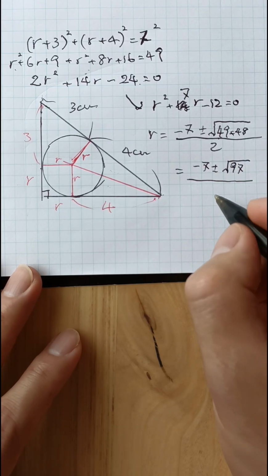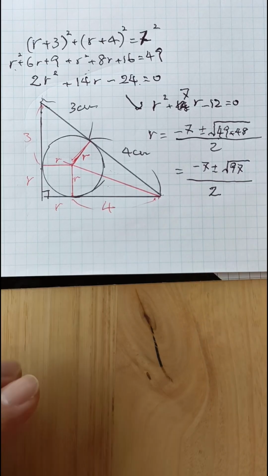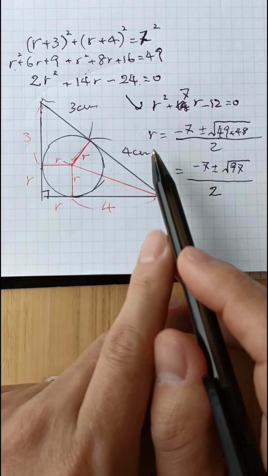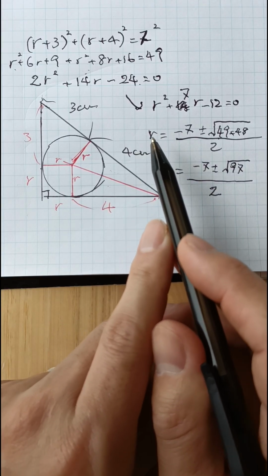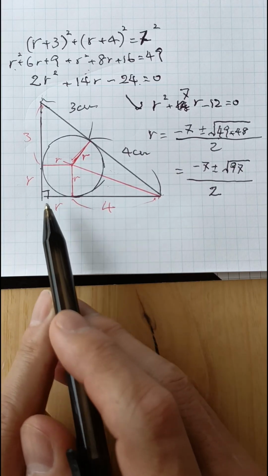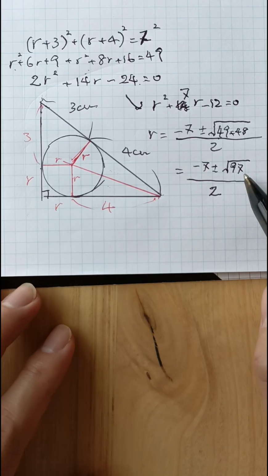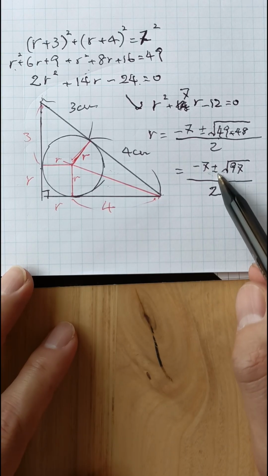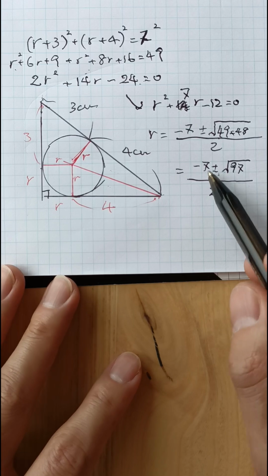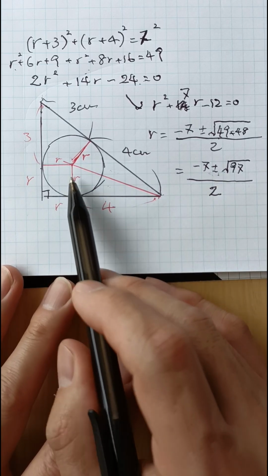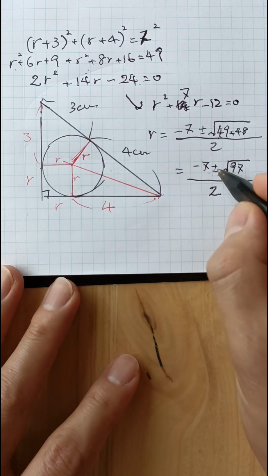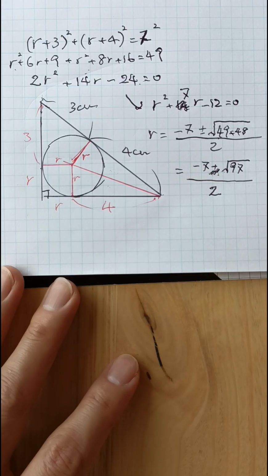But anyway, what we figured out is this length, isn't it? We can't have a negative number here because we can't have a negative length as a radius, isn't it? So this one is not gonna be the answer.